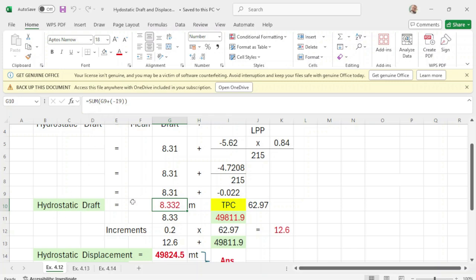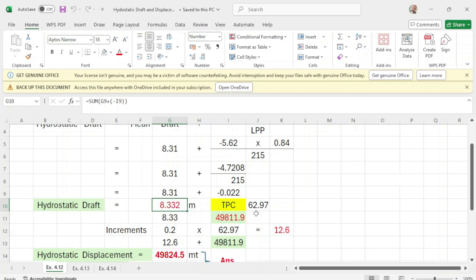G9 is this one, the mean drop, plus, you have the plus sign here. I put a, that's why it's negative, it's I9, and double close parenthesis. This is the equation guys, and the result will be 8.322.